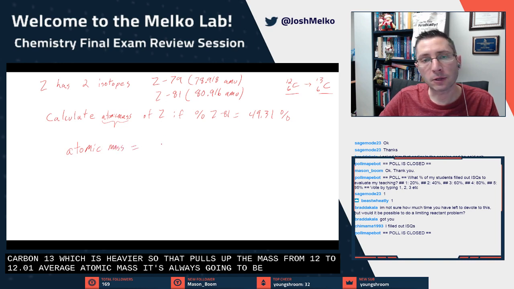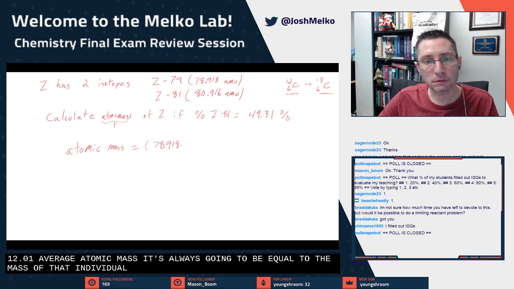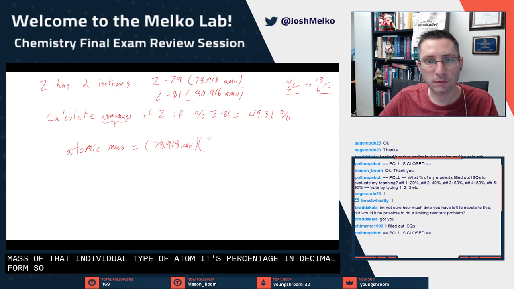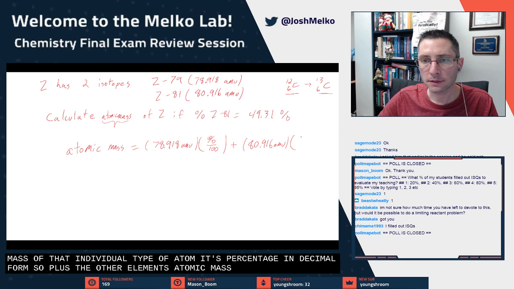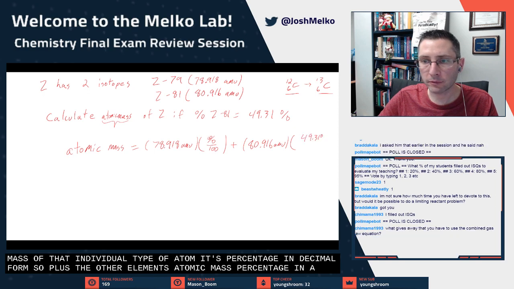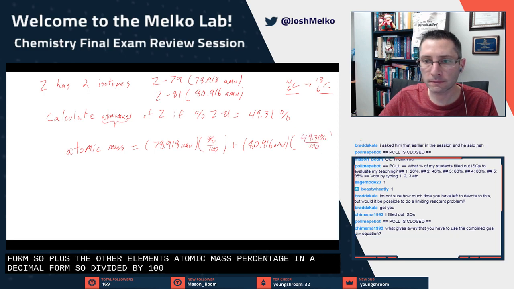And it's always going to be equal to the mass of that individual type of atom times its percentage in decimal form, plus the other isotope's atomic mass times its percentage in decimal form, so divided by 100.